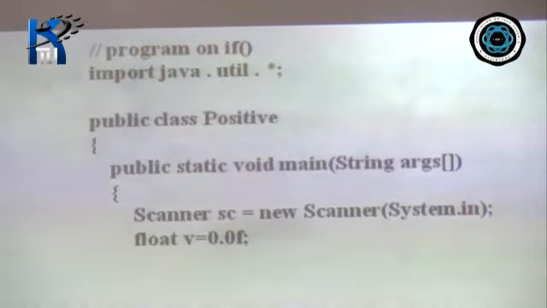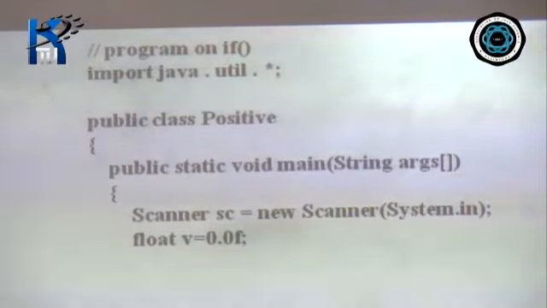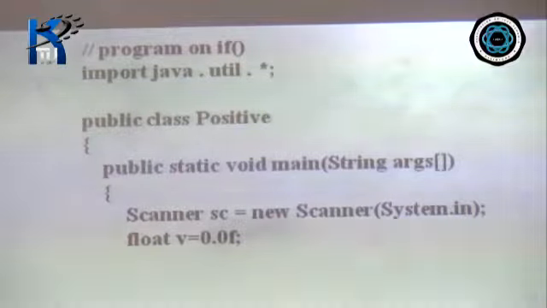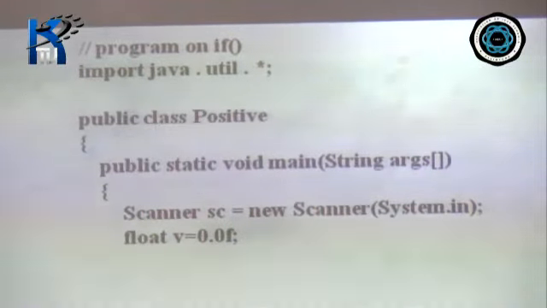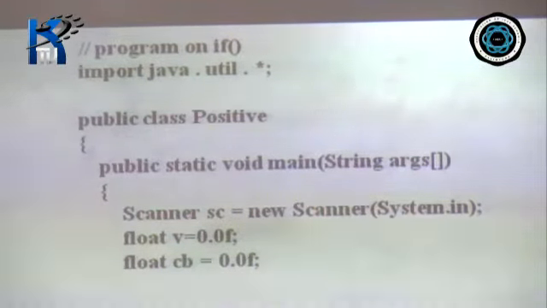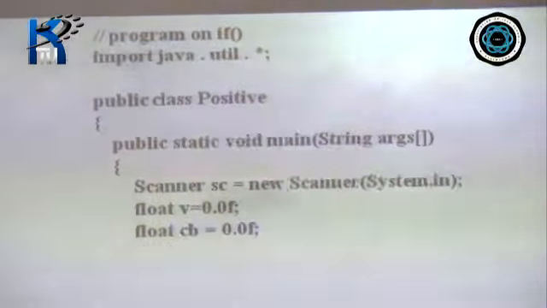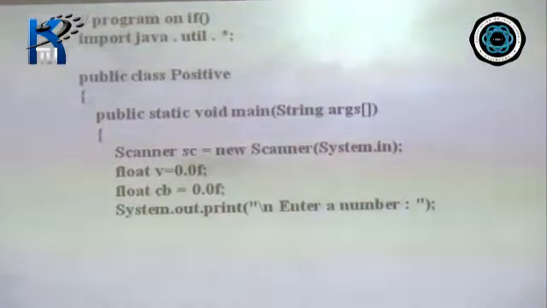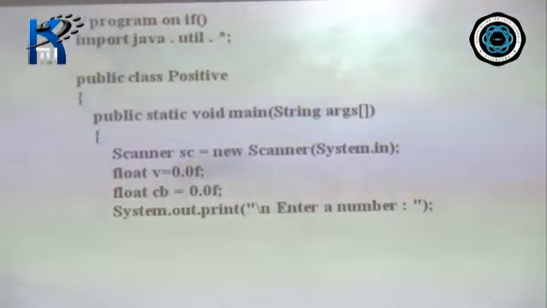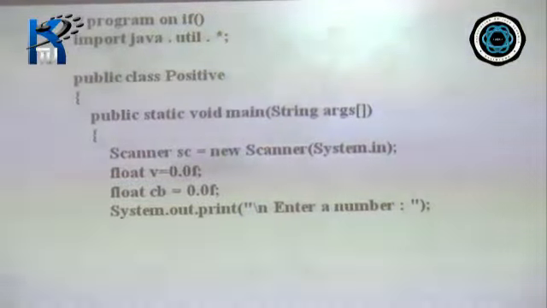Now we declare the variables and initialize them to 0.0, the default value. So float v equals 0.0f, float cb equals 0.0f. So both the variables have been declared and initialized to the default values. Now we display on the screen "enter a number".